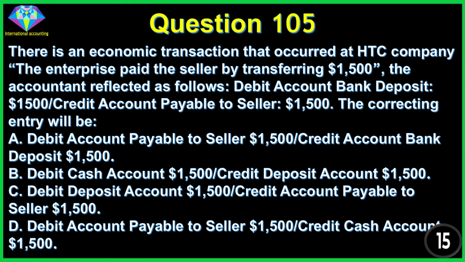B. Debit cash account $1,500 per credit deposit account $1,500. C. Debit deposit account $1,500 per credit account payable to seller $1,500. D. Debit account payable to seller $1,500 per credit cash account $1,500.